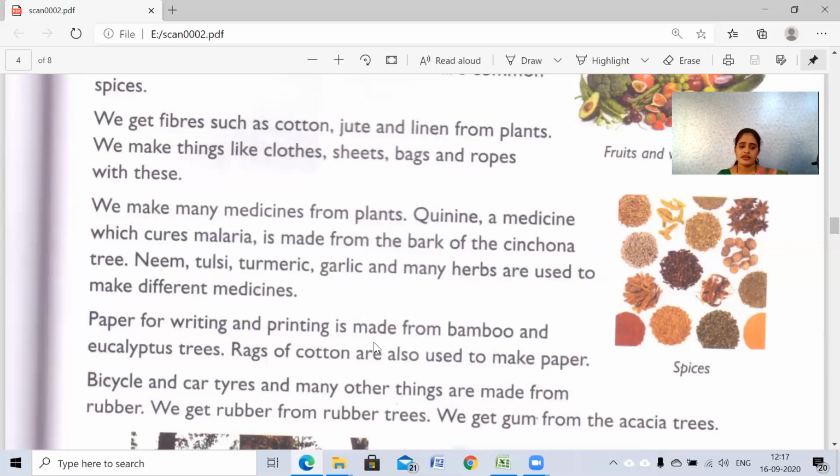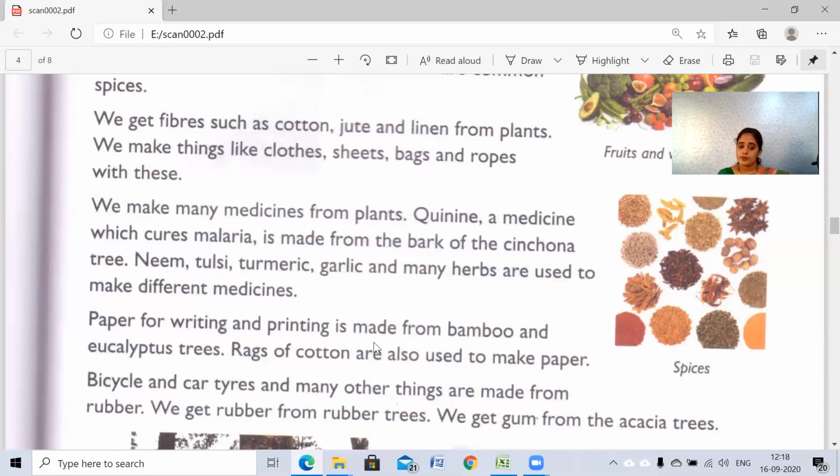We depend upon plants for paper, isn't it? For rubber. See here. Paper you use for writing and printing. From where do we get it? It is obtained from bamboo and eucalyptus trees.